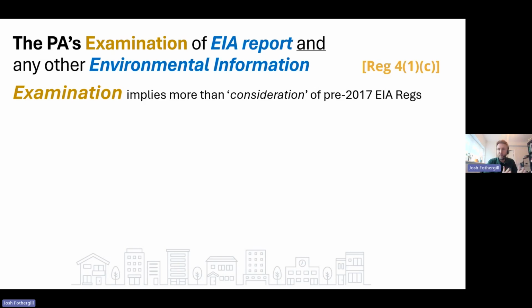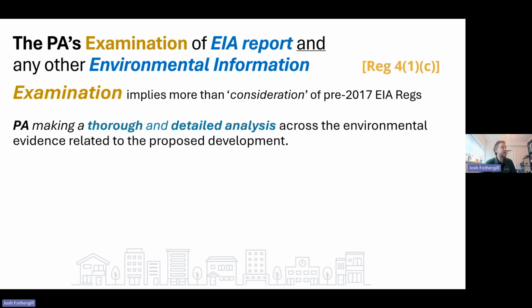So pre-2017, our EIA reg said we should consider the environmental statement, as it was called at the time, and this other environmental information. In 2017, we changed the phraseology to examination, and I think it infers something a bit more from us.